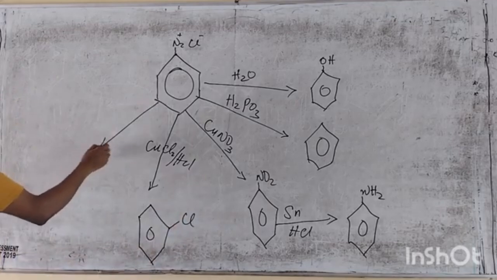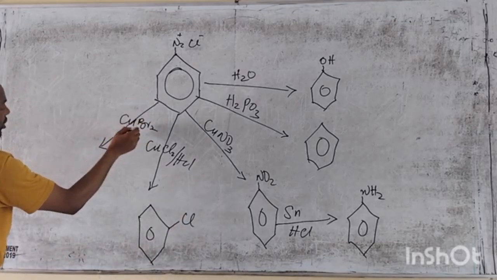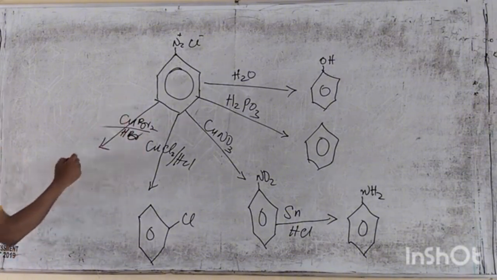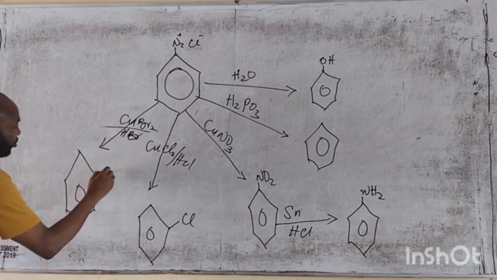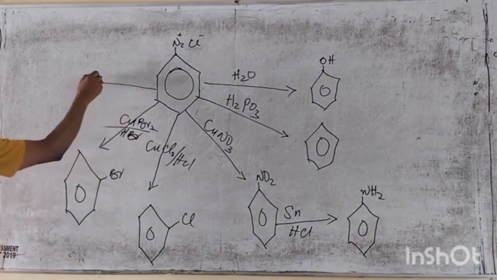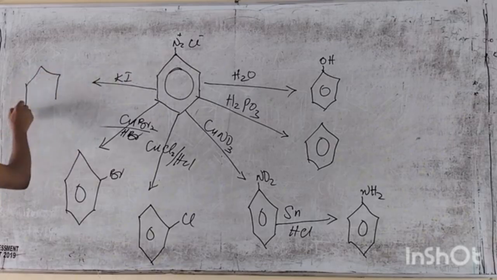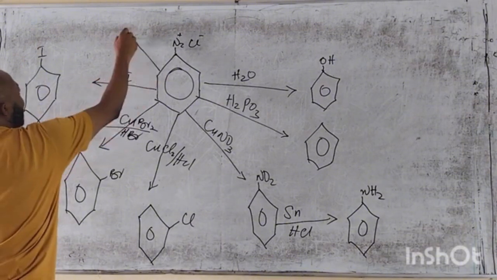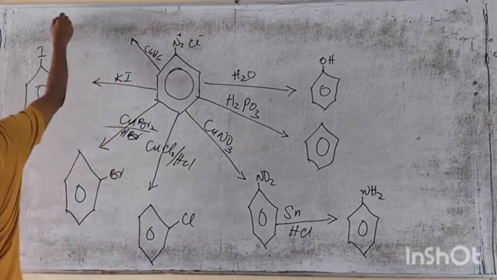If I react this with copper bromide in the presence of hydrogen bromide, I will have bromobenzene. What again? If I react this with potassium iodide, I will have iodobenzene. If I react this with another benzene, C6H6, I will have a biphenyl.